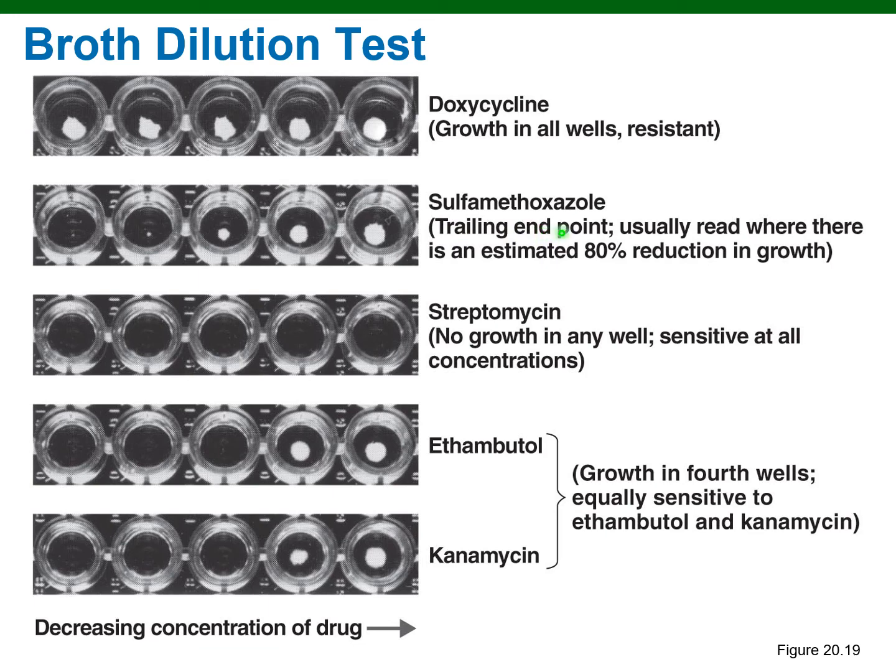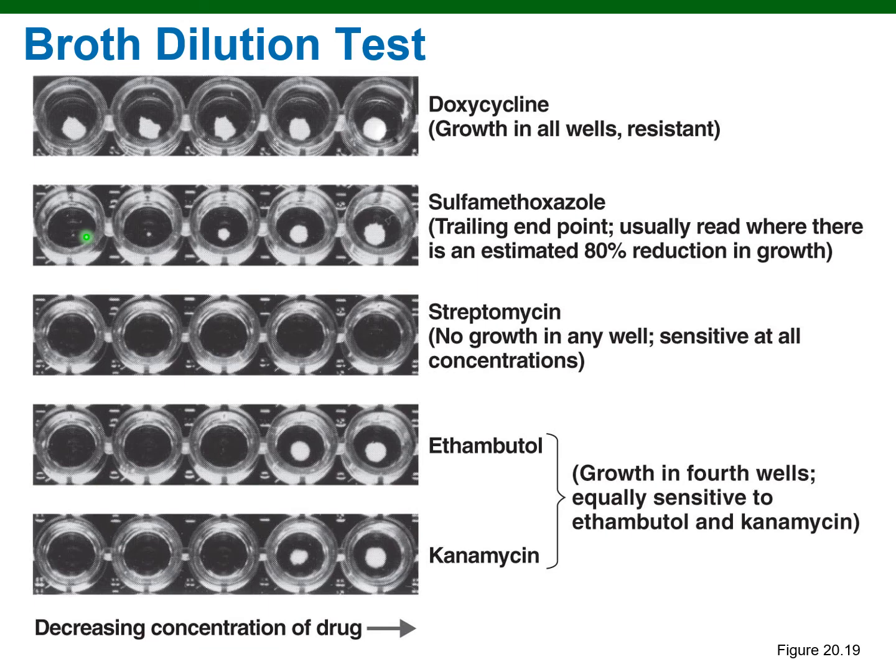And it says this is usually read where there is an estimated 80% reduction in growth. So a drug does not have to be all or nothing, but the point at which the growth shrinks down to 80% less would be considered still extremely effective, and may be effective enough for the drug to actually be read as an MIC in that case.